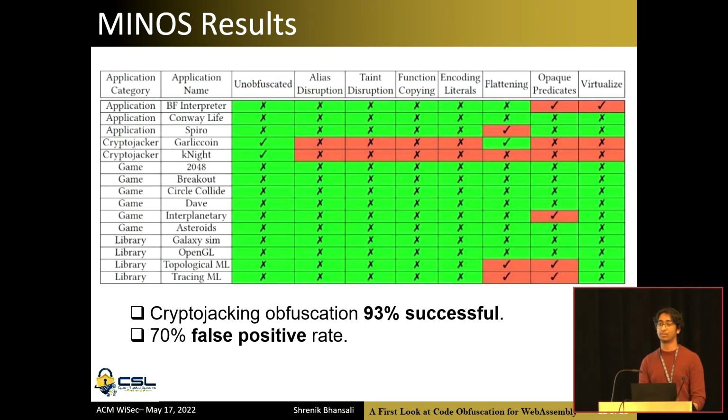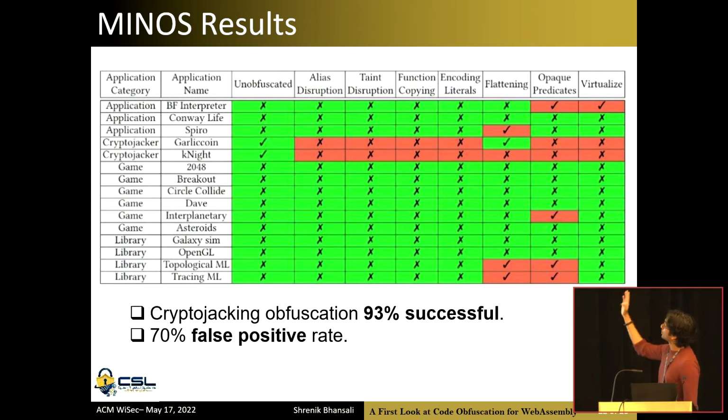What we did is we fed all of our samples, all 120 samples, including the unobfuscated and obfuscated, into Minos. The graph is shown to the right, and while it might be a little hard to tell what's going on, if you notice there are two rows that are in red. That first column is the unobfuscated. Minos detected our cryptojacking samples when they're unobfuscated and correctly categorized them as malware.